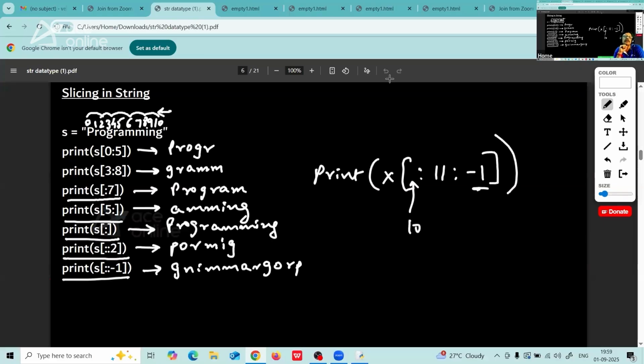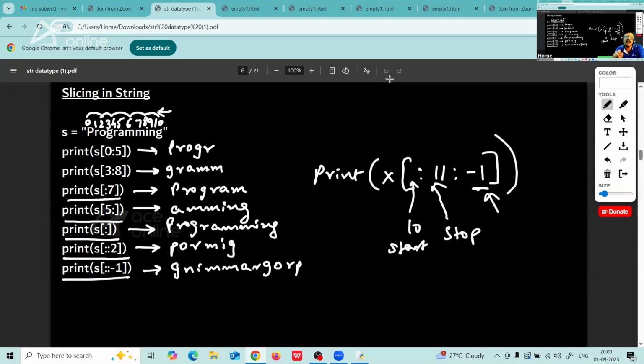You are given stop as 11. Check, this is stop. This is start. And increment is negative. What is the rule? If you're coming back, if increment is negative, then start must be greater than stop. Correct? You see the question? You understood, I hope.